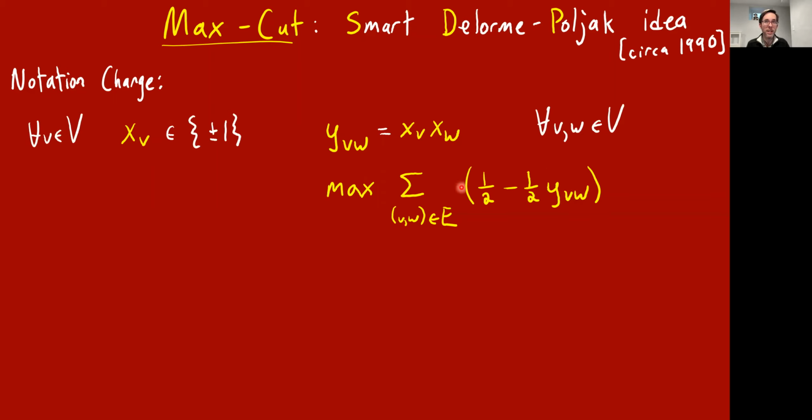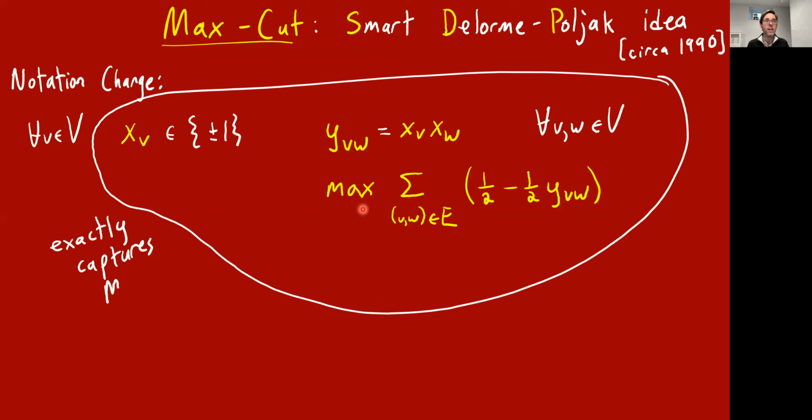So this expression is 0 if xv is the same as xw. And if xv is different from xw, then yvw is minus 1, so this expression is 1. So with this new notation, this parentheses expression is the indicator that xv differs from xw, and so this objective function, which is still a linear objective in the variables yvw, exactly encapsulates max cut.